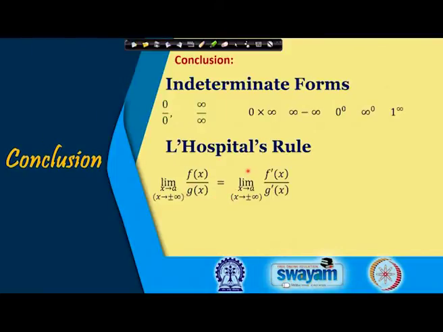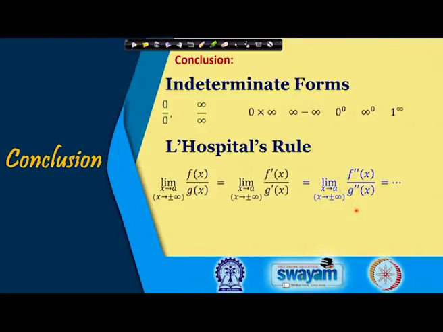for the ratio f over g of x, we can apply this rule, which says that this limit will be equal to the limit of the ratio of the derivatives. And if again f prime and g prime both take the form 0 by 0 or infinity by infinity, then we can again apply the rule, and we get this limit equal to the limit of the ratio of the second derivatives, and so on, till we get the limit.